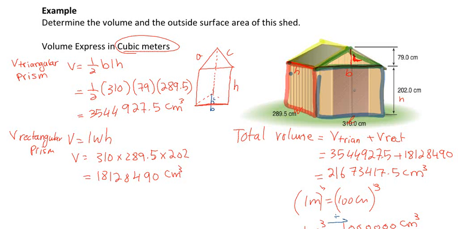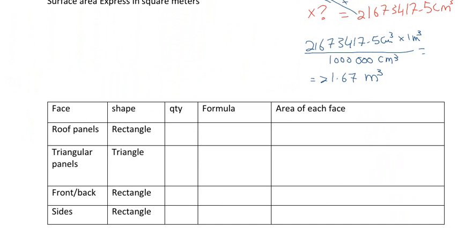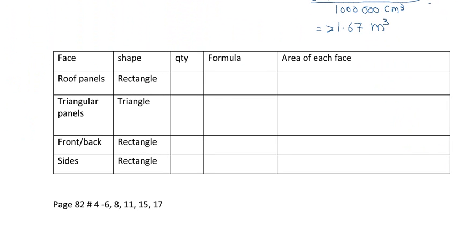I made a table right here that splits it into the different shapes. If you have a square, you can multiply by 4, but we don't have a square. In the roof panel, I have 2 rectangles. What about the floor?